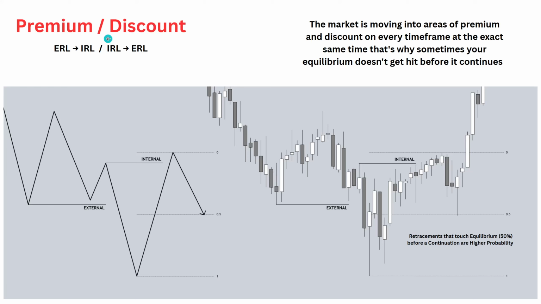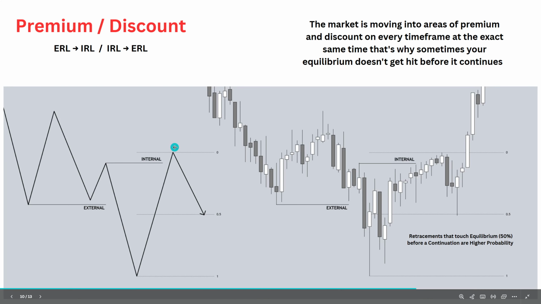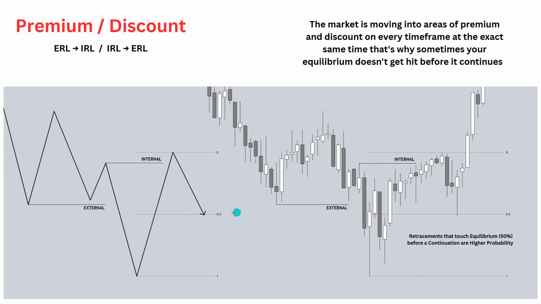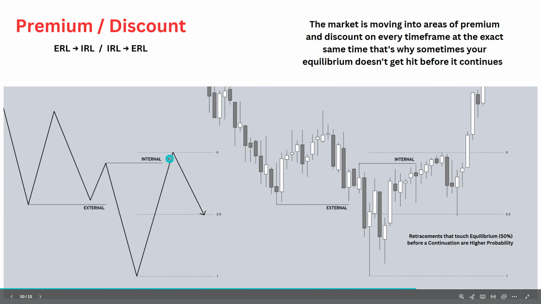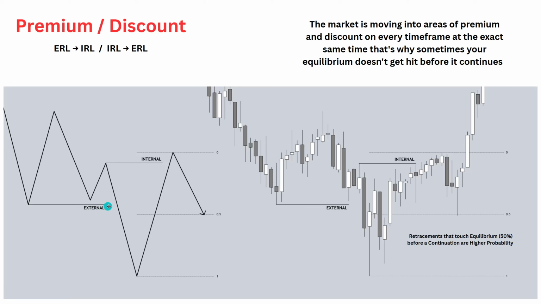A valid premium and discount dealing range is only drawn when you have a sell side sweep and a buy side sweep. You have to have both. You cannot just have a sell side sweep without a buy side sweep, right? So that's where your external and then internal comes, which then comes back down to discount. Look how clean that touches discount to then drive higher.